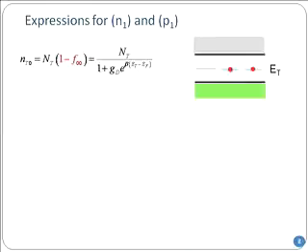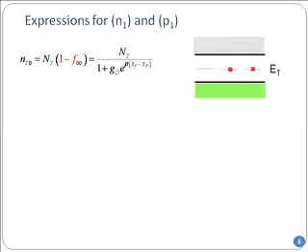Okay, so now I want to calculate N1, because once I calculate N1, I'll be in good shape. So first of all, in order to calculate N1, I want to know how many traps are occupied. Now, if I want to know how many traps are occupied, did I write it correctly? I should have multiplied F naught, right? Okay, let me double check on this one.